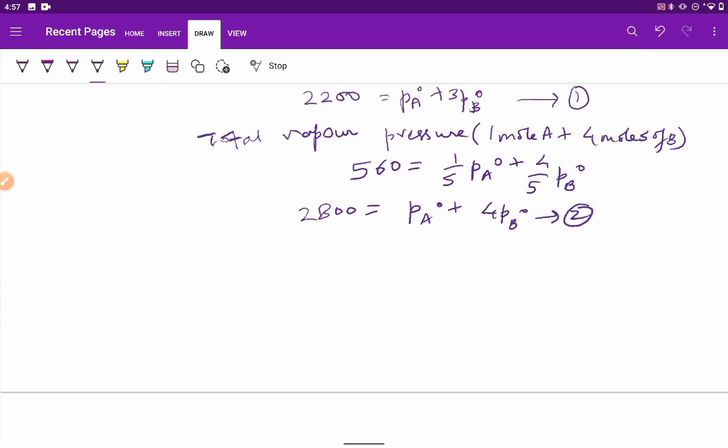Solving these equations, we can subtract. From 2 we can subtract 1. So we will get that PB naught is 600 millimeter mercury, then PA naught will be 400 millimeters of mercury.